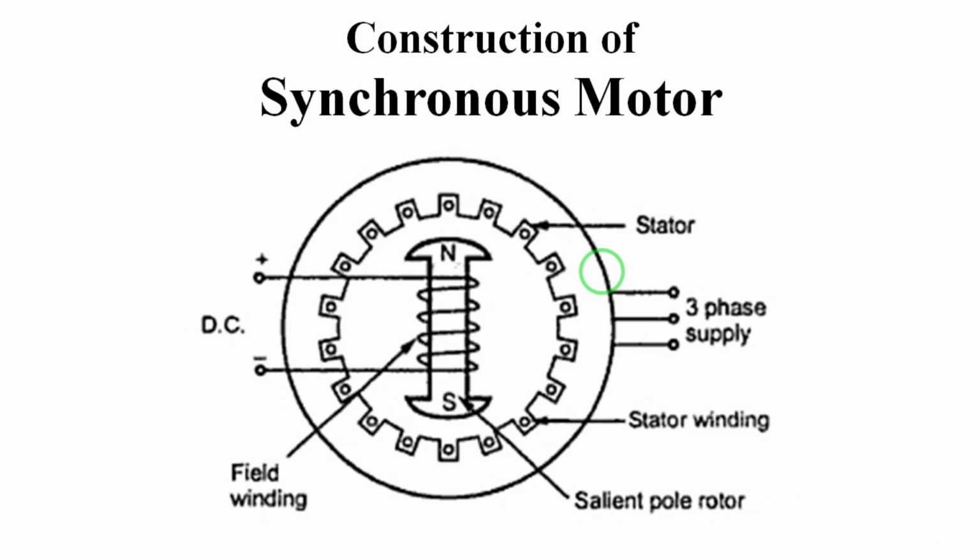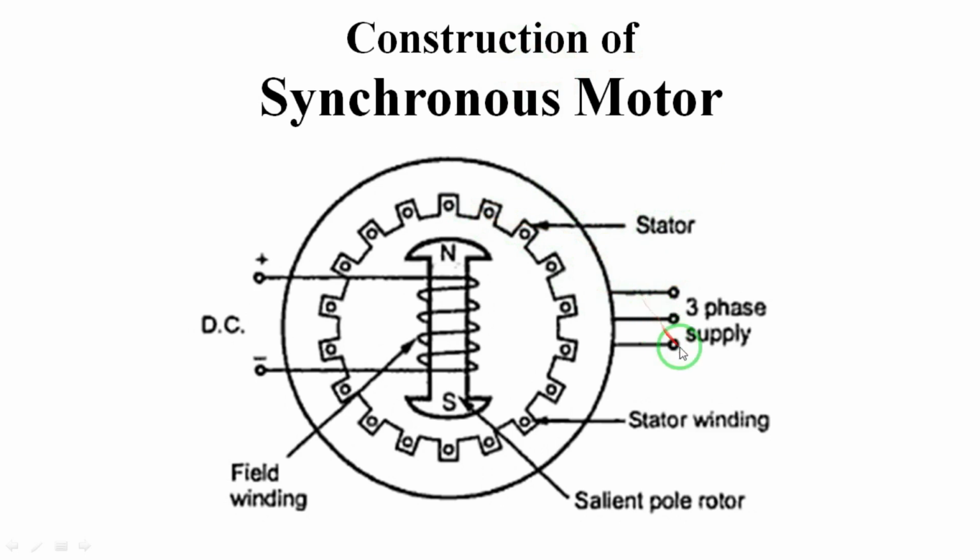By seeing this diagram, there are mainly two parts, stator and rotor. So it is a synchronous motor. Synchronous speed is another name for the speed of the stator frequency.